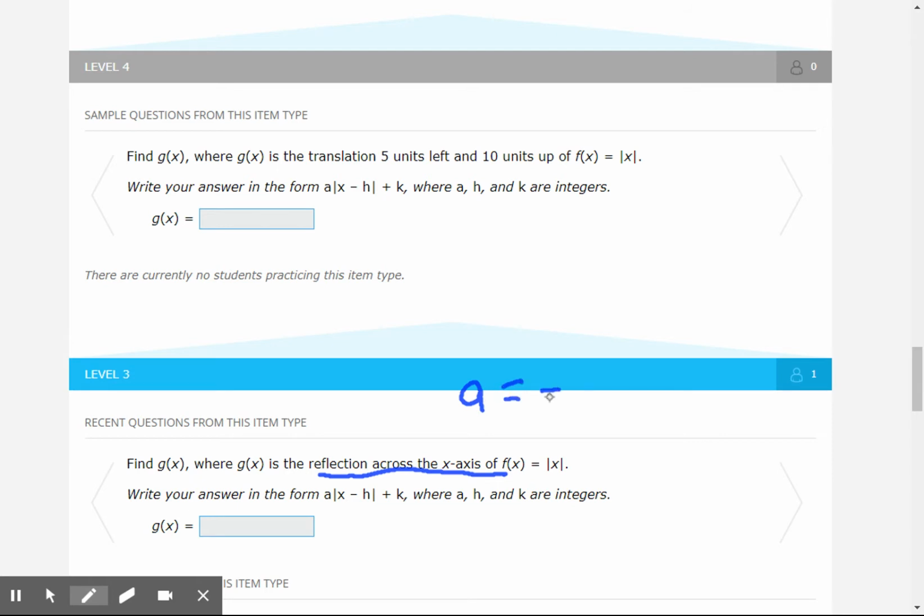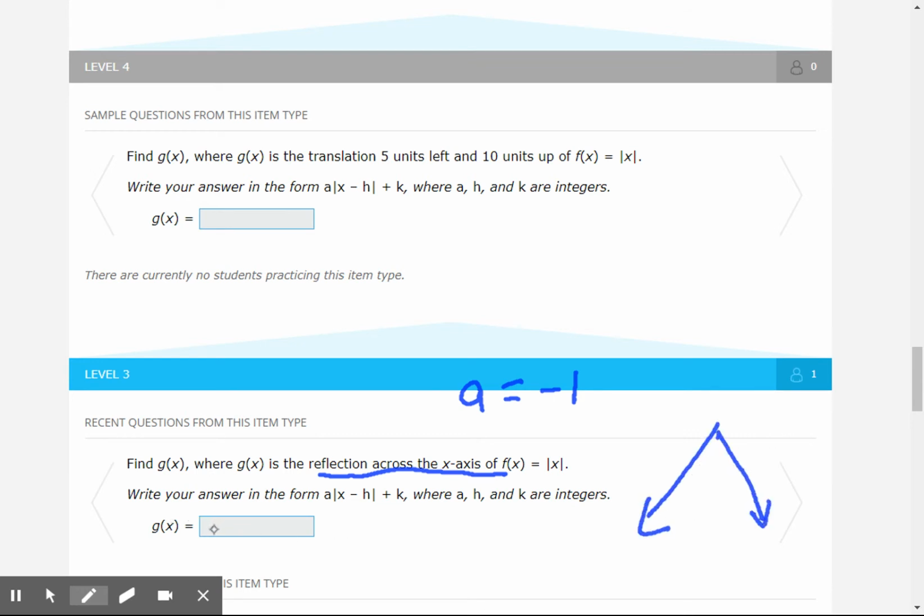Now it didn't say that it had any stretch or compress, which means our factor is still going to be just a 1. So I'm not going to stretch it by making it bigger than 1, and I'm not going to make it condense or compress. So it's not going to be something that's between 0 and 1. But it is going to reflect across the x-axis, which means it's going to be going upside down.